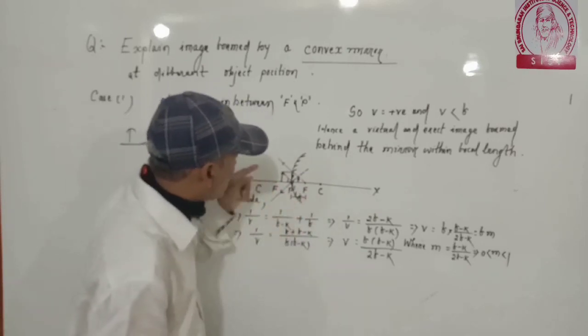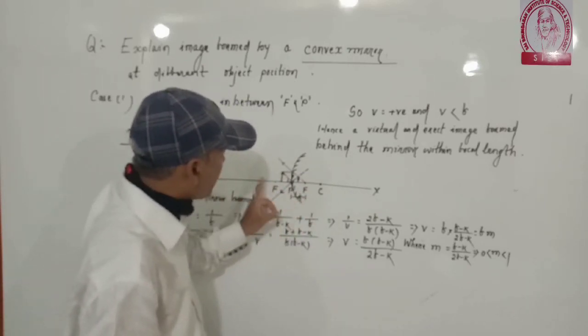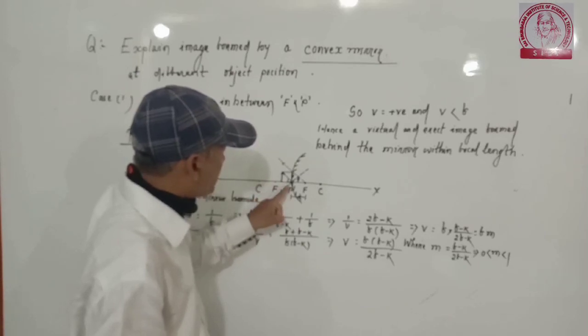Next, the object was in between principal focus and pole.